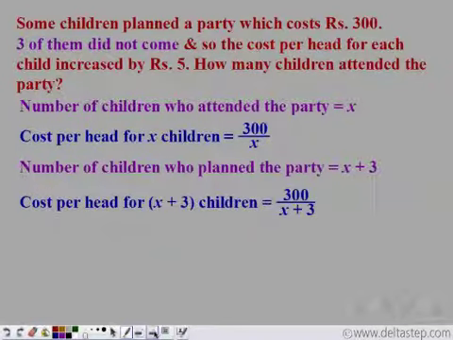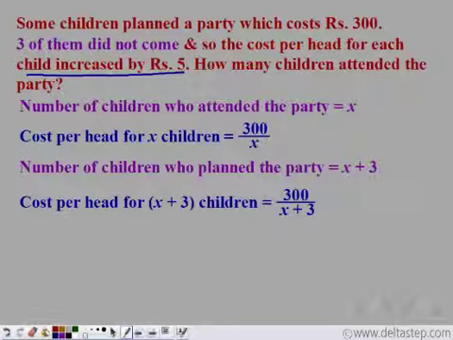So this is the cost per head for X plus 3 children, 300 divided by X plus 3. And it is given that it increased by rupees 5. So for X children who actually attended the party, cost per head increased by rupees 5.